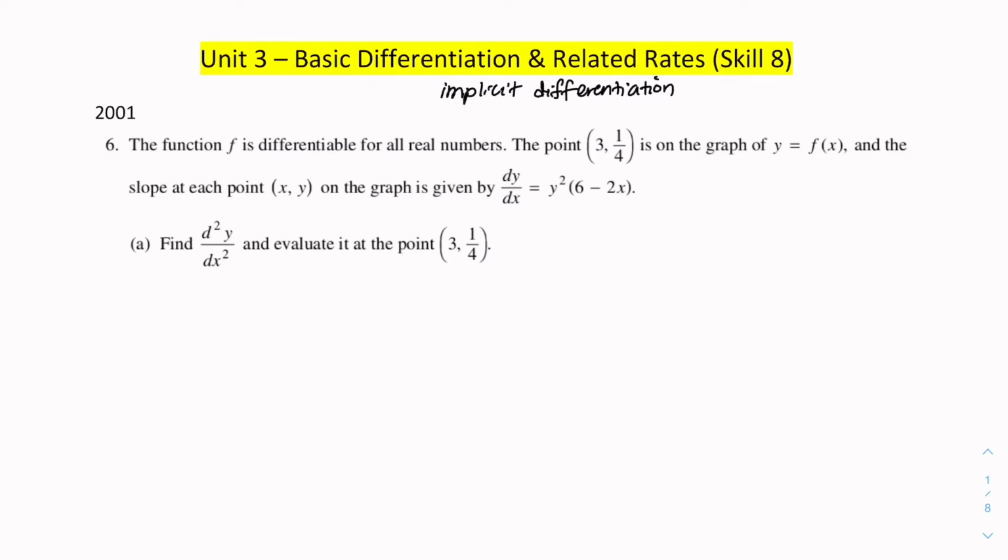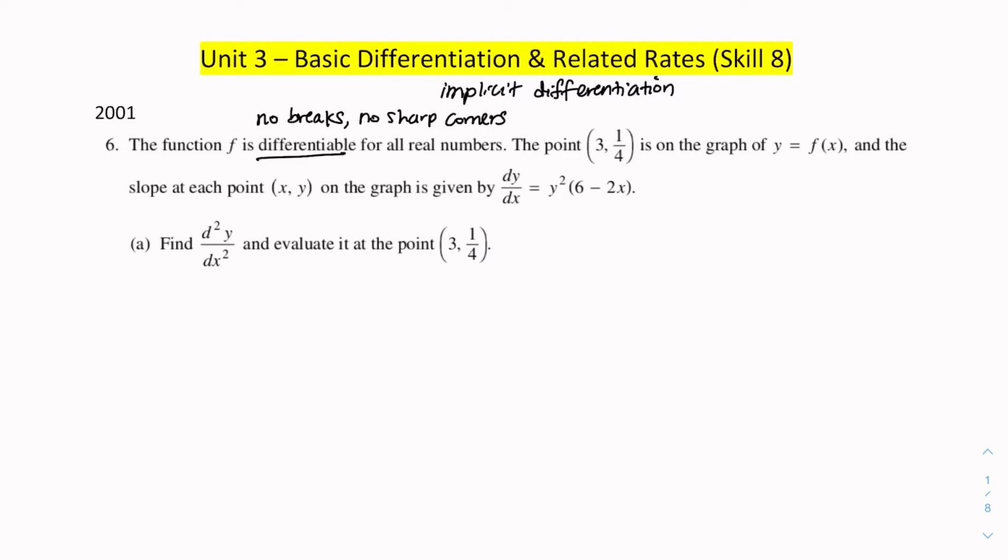So from the 2001 actual AP exam, number 6A, says the function is differentiable for all real numbers. So it's differentiable, meaning that there's no breaks in the graph, it is continuous, and the graph has no cusps or sharp corners.